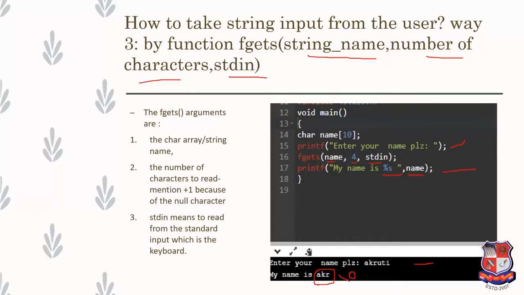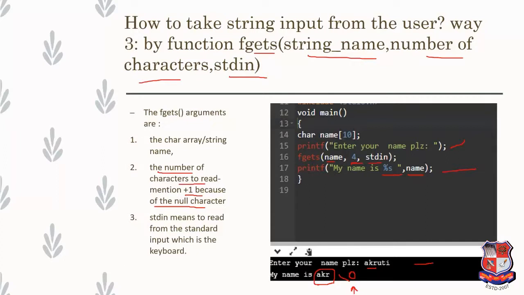That's why whenever you want to take a number of characters to read, always mention it +1, because the last character is null. I have mentioned 4 here, still it has taken only 3 letters, AKR, because the last one it's taking as null. So remember that in the string functions, especially in fgets, only in this function it's happening about the null character.